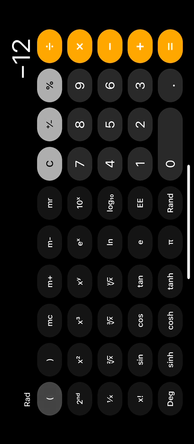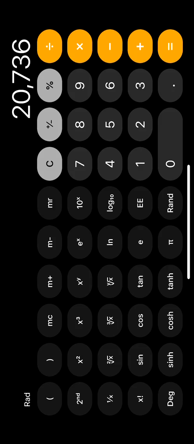I guess I can't put the parentheses around. To the 4th power. So that's basically, instead of me fooling around, negative 12 times negative 12 times negative 12 times negative 12.